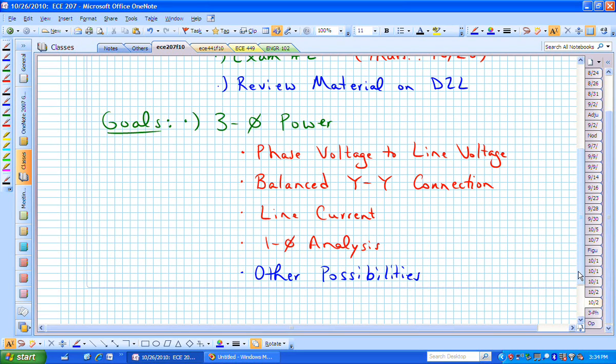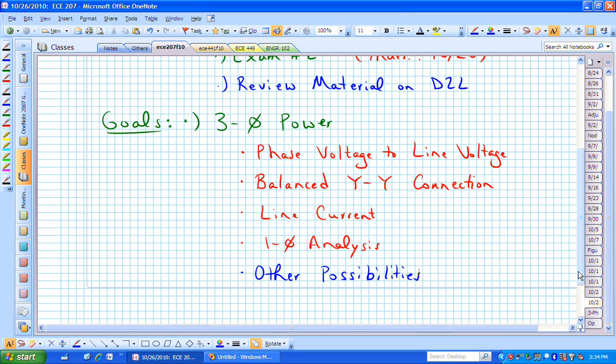We'll get into line current, single-phase analysis, or how, when we have a balanced three-phase system, we can actually pull out and only work with a single phase, and that really gives us all the interesting information. The other information we can obtain by simply subtracting angle from the phase. It's all going to be balanced, and so the line currents, the line voltages or the phase voltages, those will all differ by 120 degrees.